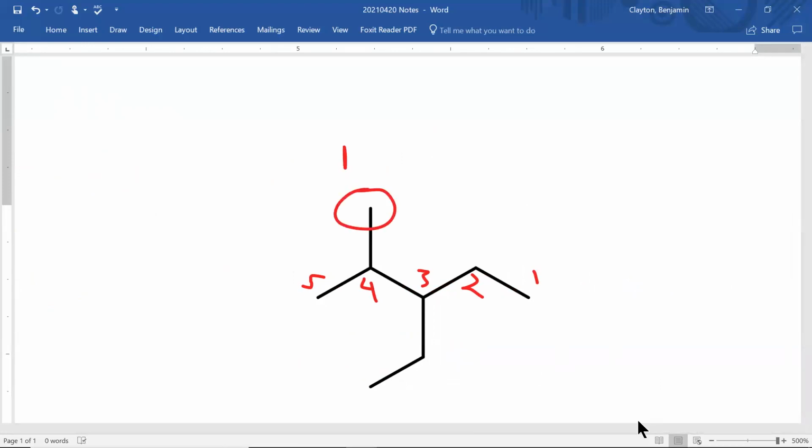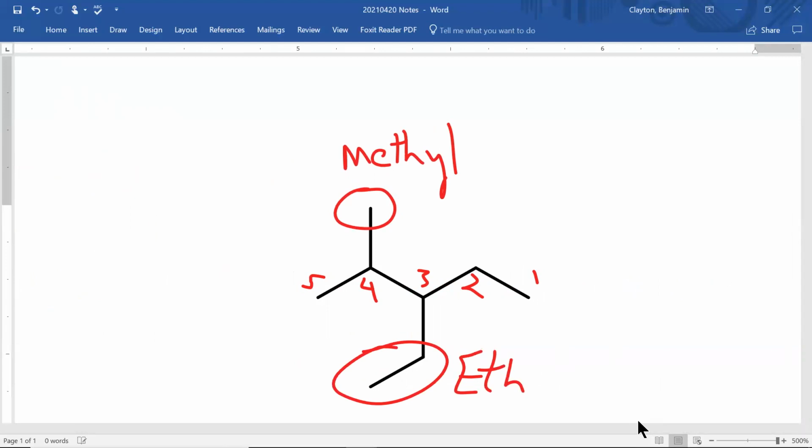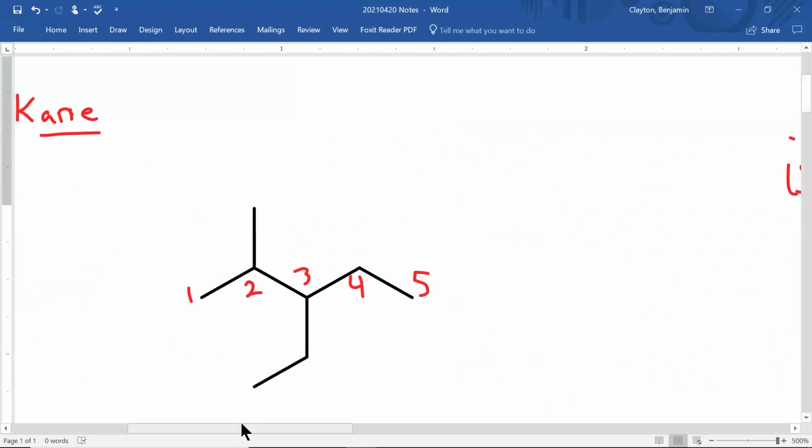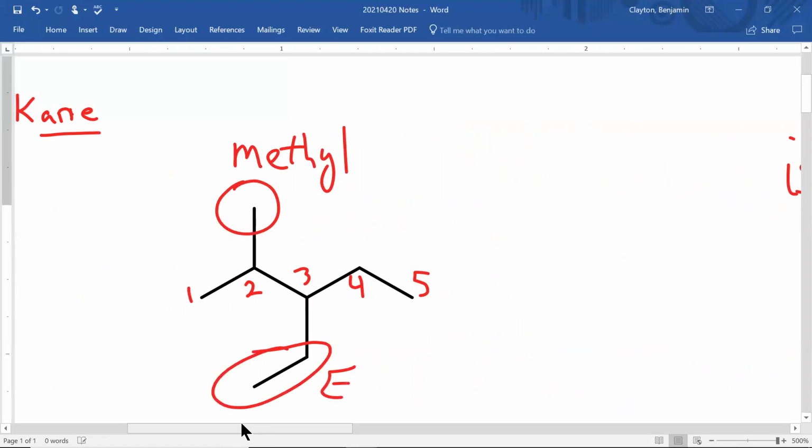We have a methyl group, and down here we have the ethyl group. That looks very similar to the first one here, where we had the methyl group and the ethyl group.